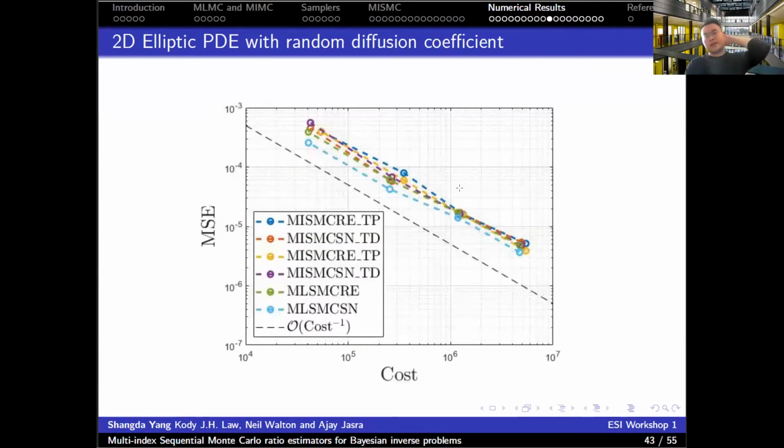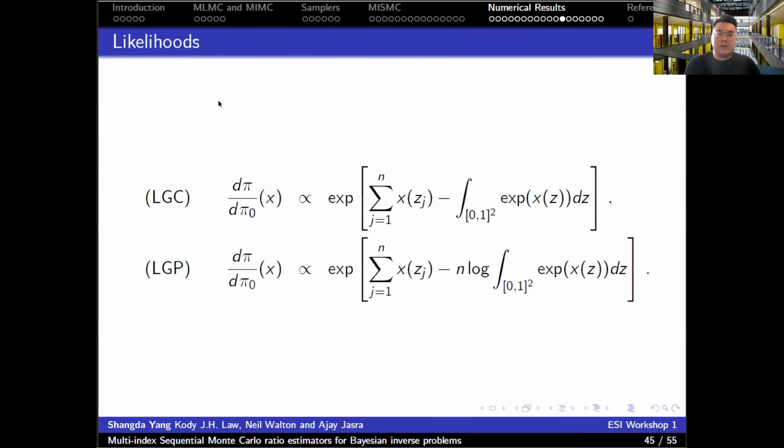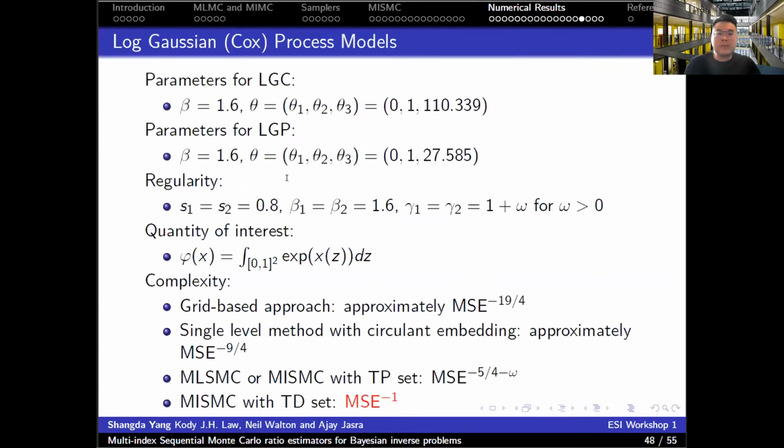It's a little bit of a shame that we didn't do an example showing subcanonical to canonical with a PDE example. Instead, we use a log-Gaussian Cox process model. This is the setting of the log-Gaussian Cox process model, and here's the likelihood, and this is the approximation of the likelihood, and here are some parameter settings.